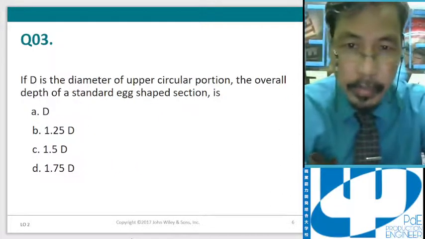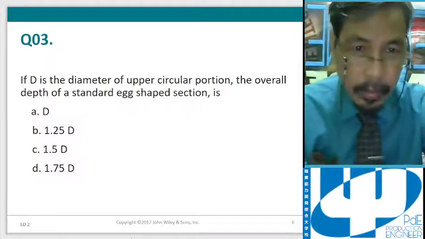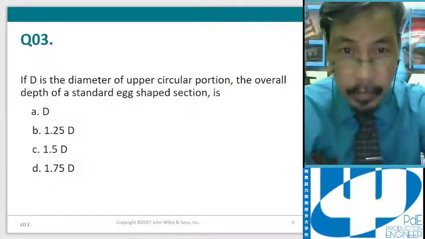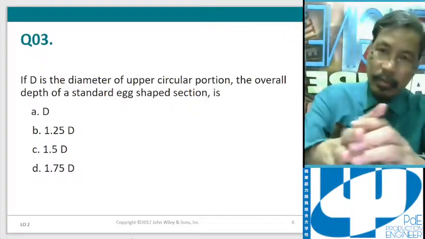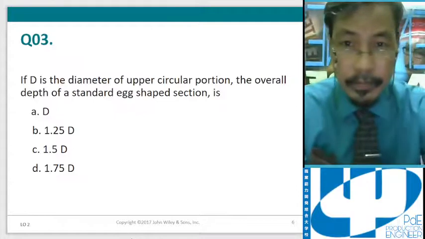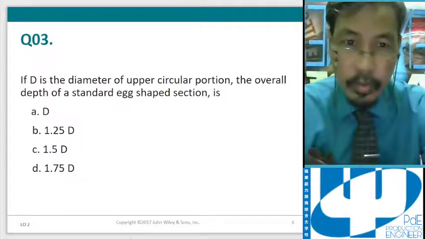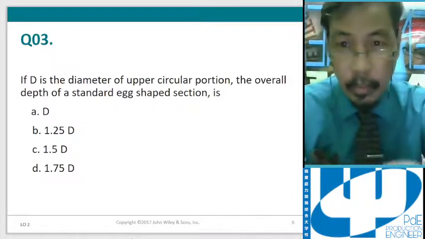Question 3. If the diameter is D of upper circular portion, the overall depth of a standard egg-shaped section. So in an egg shape, there are two circles, the upper and the lower.